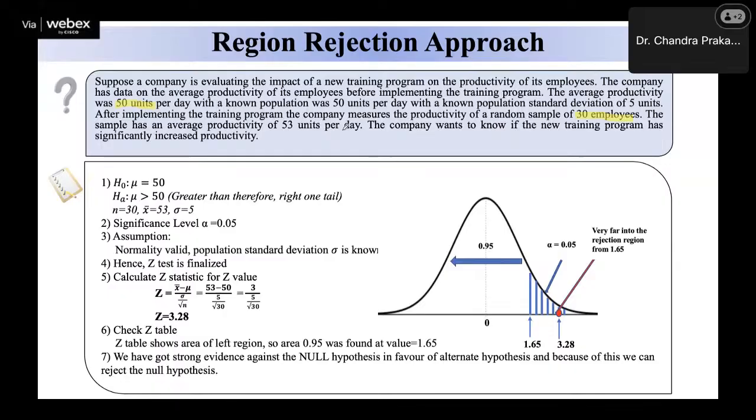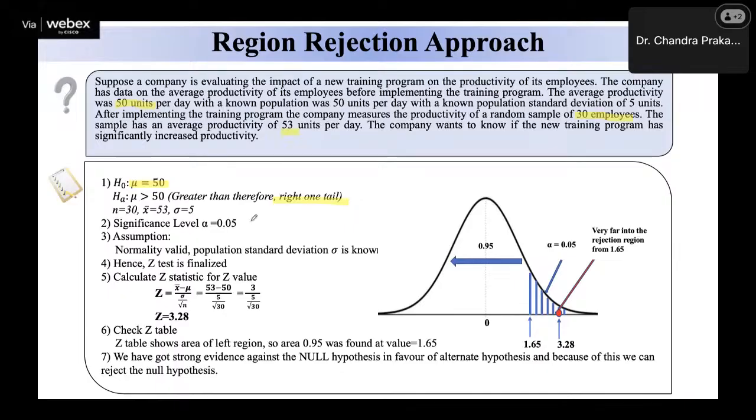So we do have a research problem in that we want to consider the effect of a particular exercise, the effect of a particular medicine, right? For this example of the training, we consider mu as 50, and because we want to see that productivity increases to 53, so greater than before, it is a one tail problem.